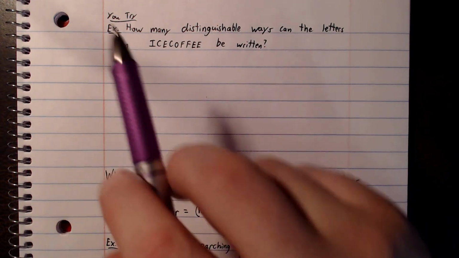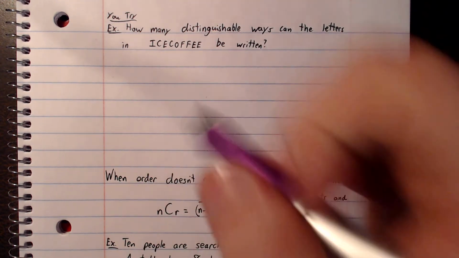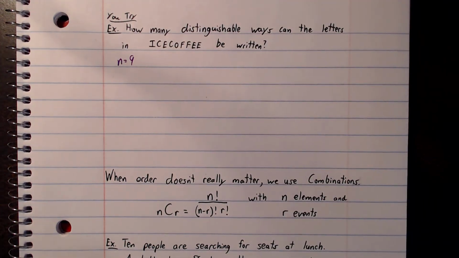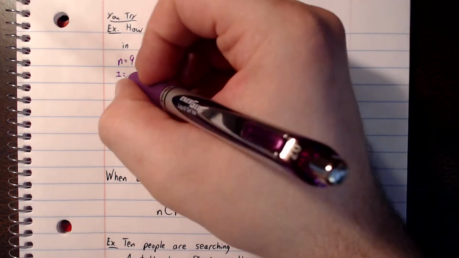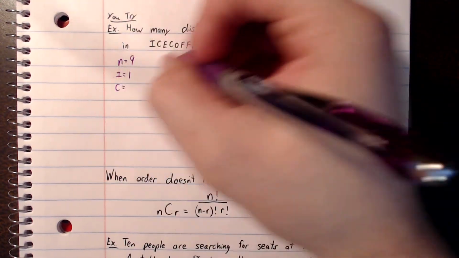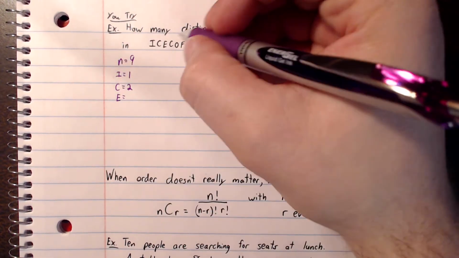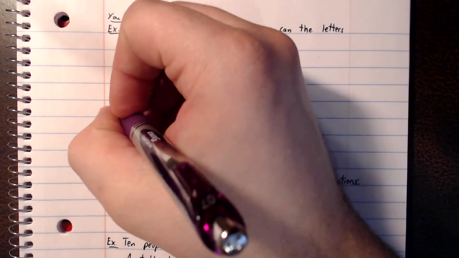All right, so I've got, let's see, 1, 2, 3, 4, 5, 6, 7, 8, 9 entries total. That's my n value. Then I'm going to work with each of these individually. I've got 1 I. I've got 2 C's. I've got 1, 2, 3 E's.